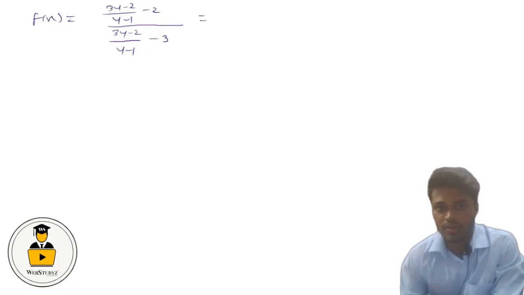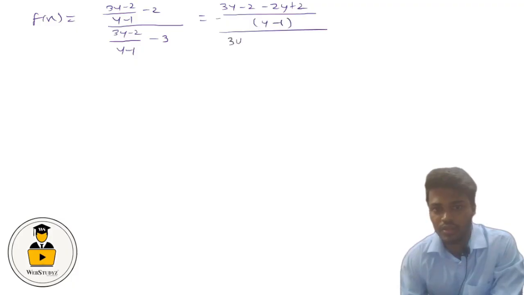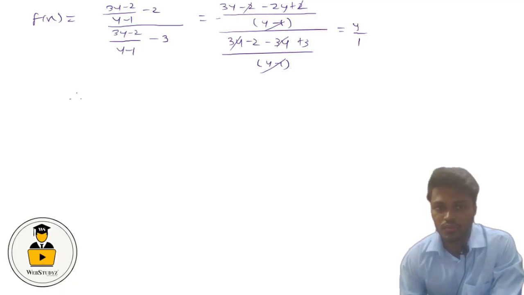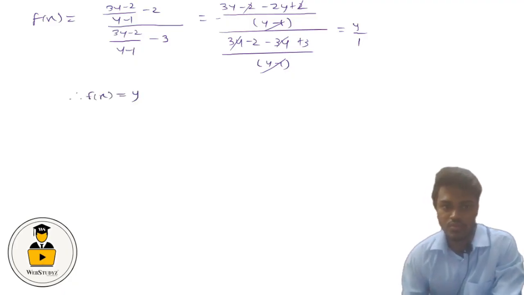If we simplify this, it will be 3y minus 2 minus 2y plus 2 divided by y minus 1, divided by 3y minus 2 minus 3y plus 3 divided by y minus 1. So this will get cancelled, and 3y minus 2y will be y, plus 2 and minus 2 will give us 0. Then 3y minus 3y will give us 0, and minus 2 plus 3 will be 1. So we got f of x equals y.